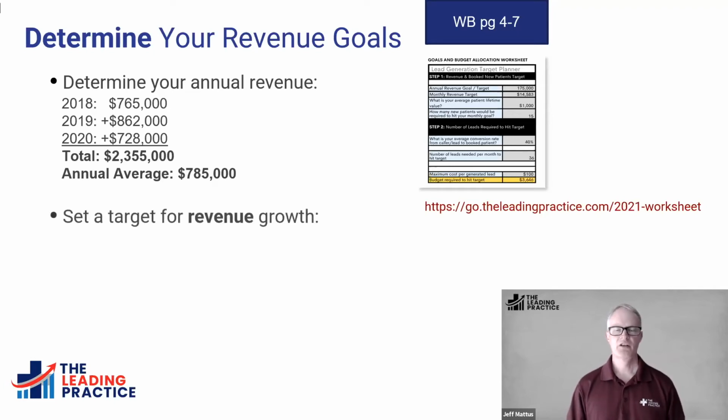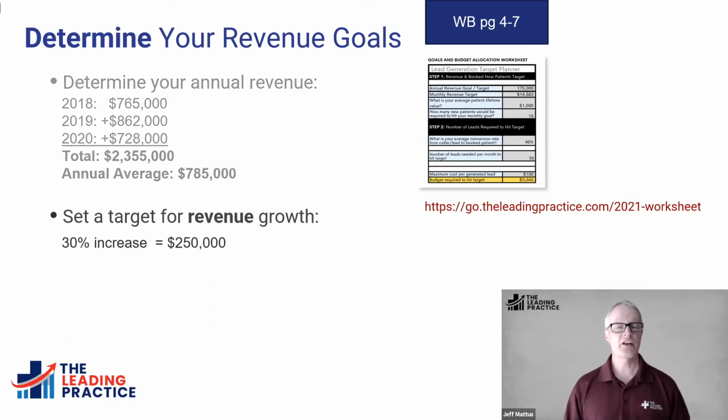What's the next step? Well, now we need to set that target, a reasonable target. For our example, we're going to try to grow aggressively because 2020 was such a hard hit year. We're going to say we want to grow by 30%. Well, that would mean that we want an additional $250,000 in revenue. So we encourage you, as we go through this, go ahead and write down your numbers.